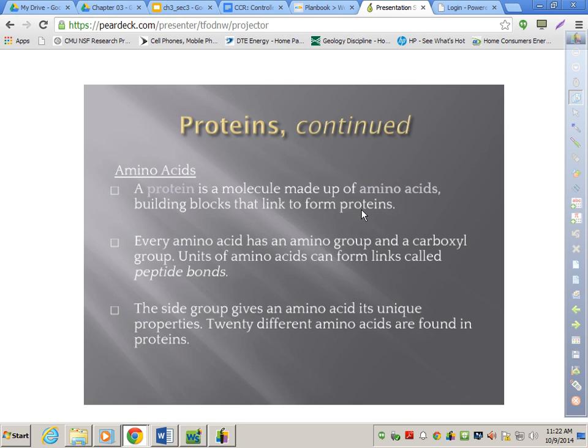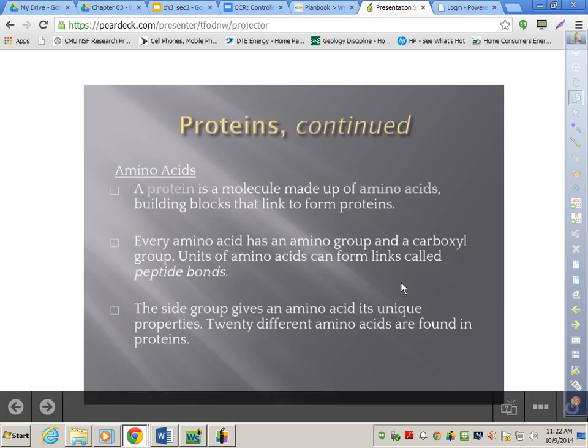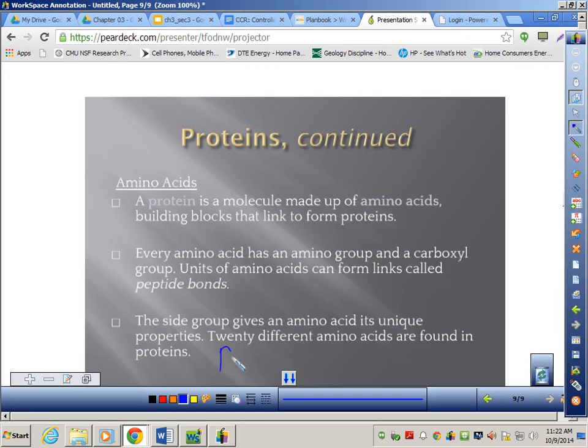That's it, okay? Simple. No special rules with ionic and covalent. It's actually a type of covalent bond. So the side group gives the amino acid its unique property. I told you the side group is called what? The R group, right? The functional R group.